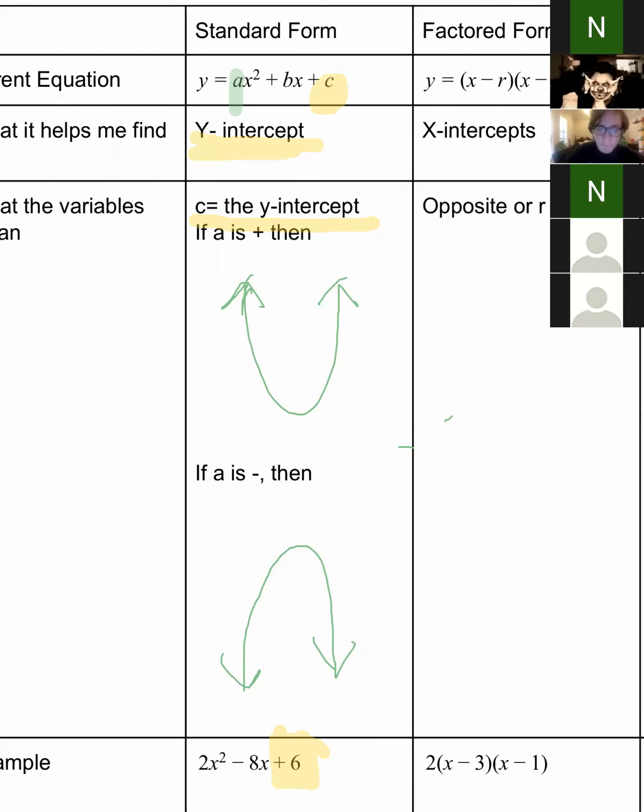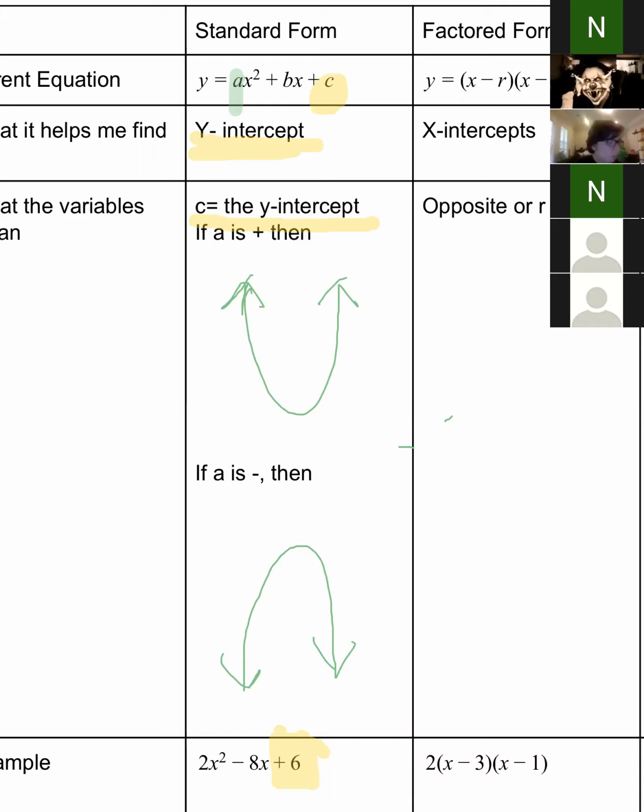Yes, ma'am. It's the same thing as the previous one. It's the same thing, but does the equation look the same? No. Way different. Even though it looks way different, they're still the same thing.